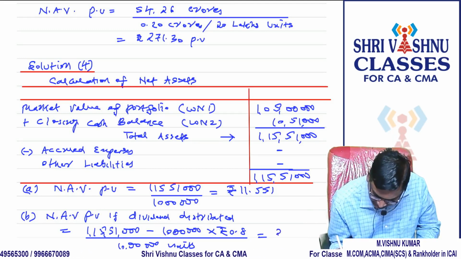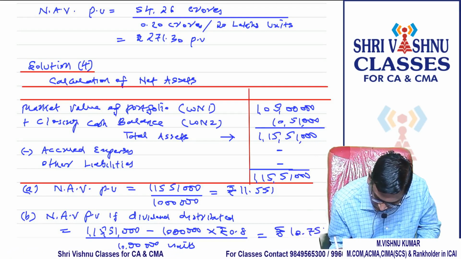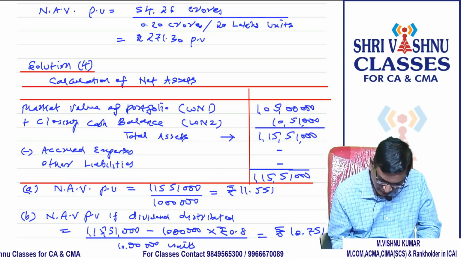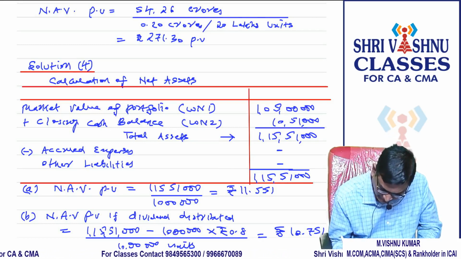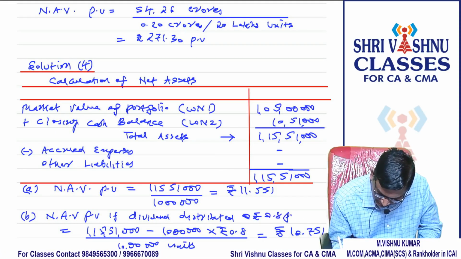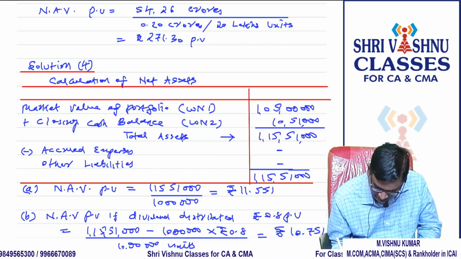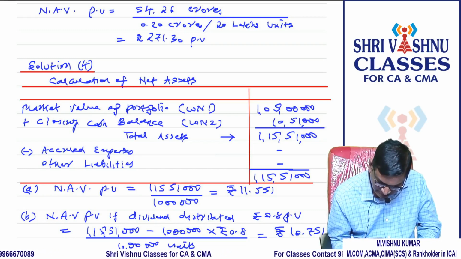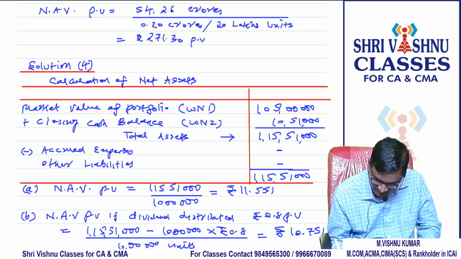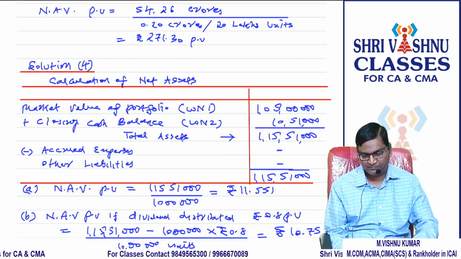So NAV per unit if dividend is distributed at the rate of 80 paise per unit: 10 lakh units into 80 paise is 8 lakhs, minus this, divided by 10 lakh units. So 10.75 rounded off value. You'll note this.